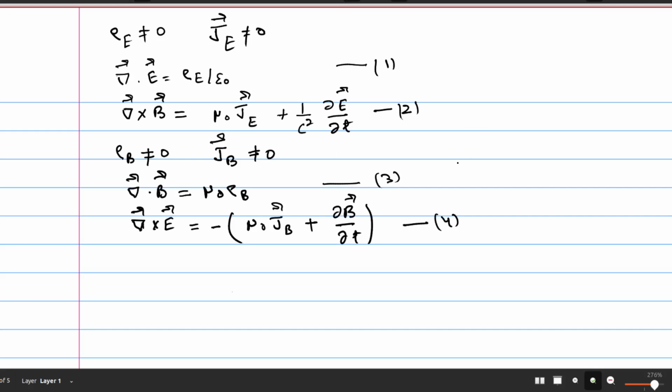And in these equations also we have electric magnetic duality, similar to the case when the sources were 0.